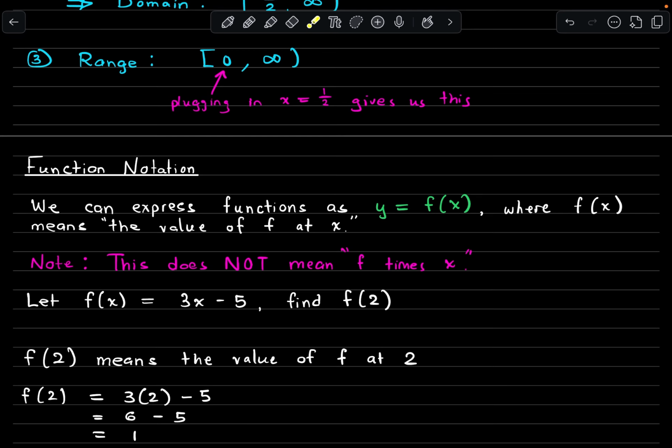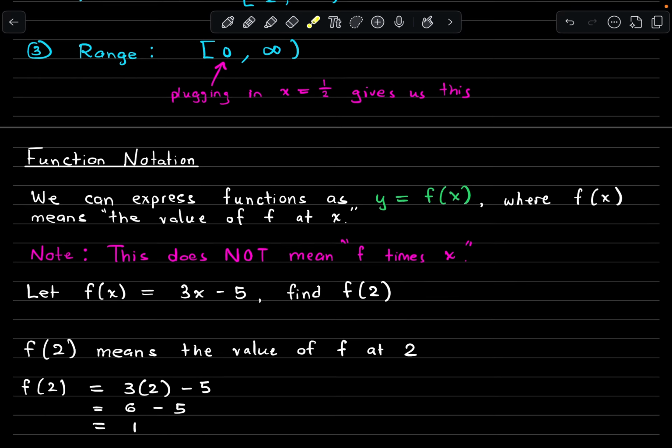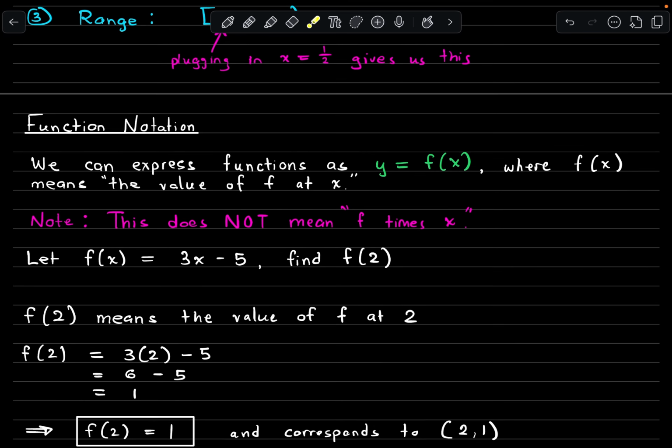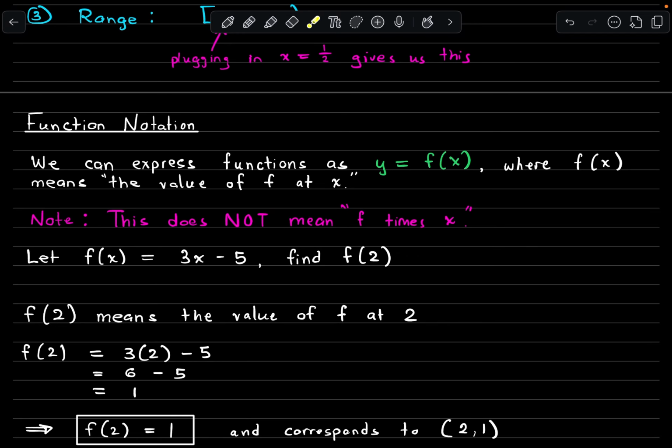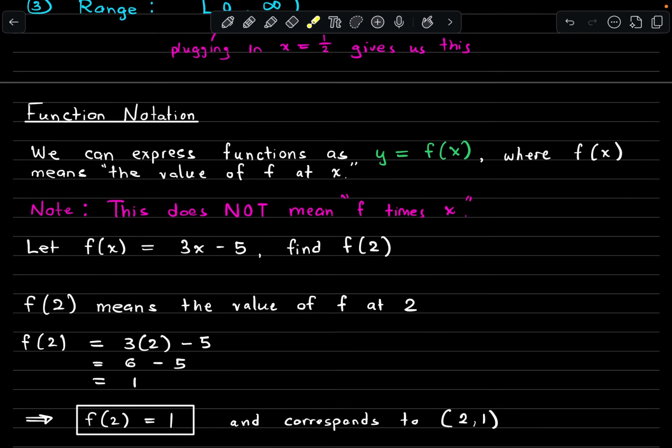So f of 2 is simply equal to 1. And this corresponds to, just like we said before, y is equal to f of x. So that means your y value here is 1, and your x value here is 2. So 2 comma 1.